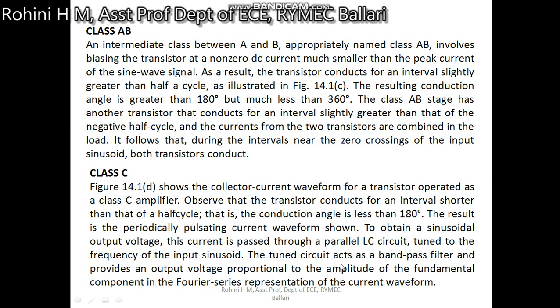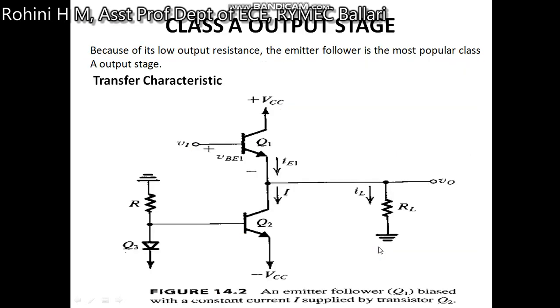The tuned circuit acts as a band pass filter and provides an output voltage proportional to the amplitude of the fundamental component in the Fourier series representation of the current waveform. So if the output is not sufficient, again it is passed through the LC circuit.